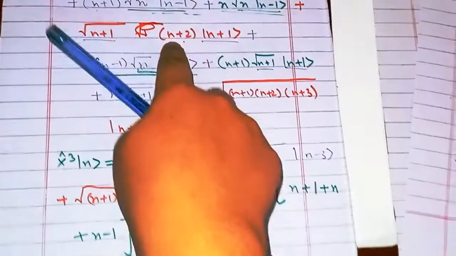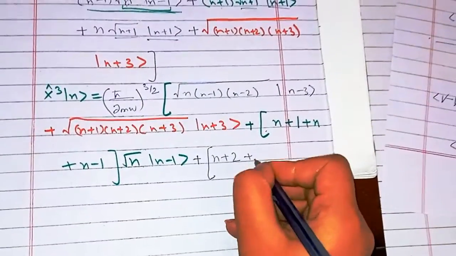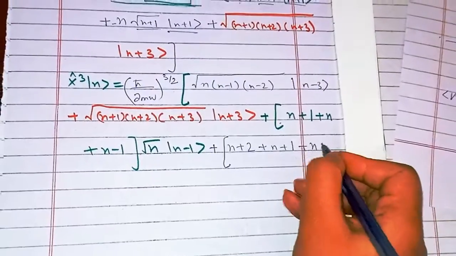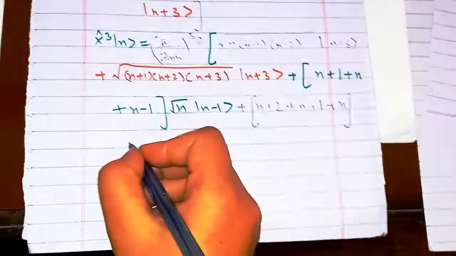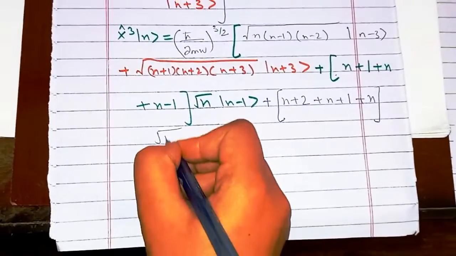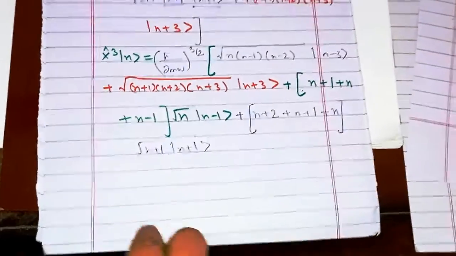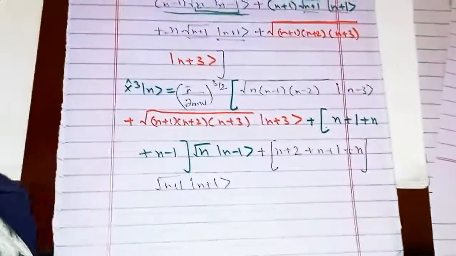So it's n+2 for this quantity, then n+1 for this quantity, plus n+1, plus n for this quantity, bracket closes, and then we have √(n+1) |n+1⟩. Okay, so let's add these inner terms together and see what we get.